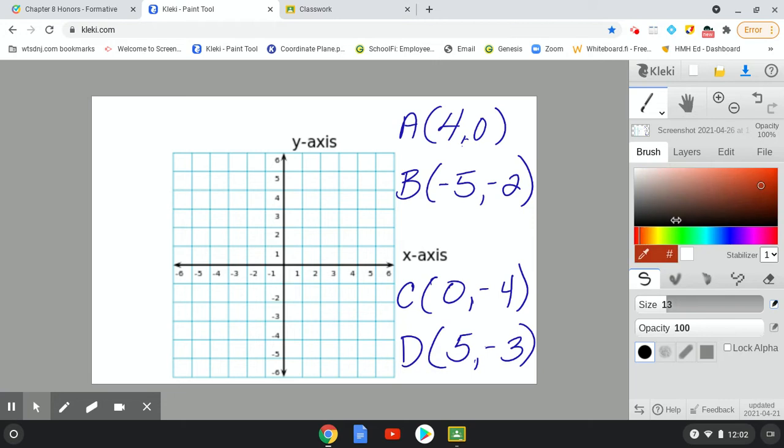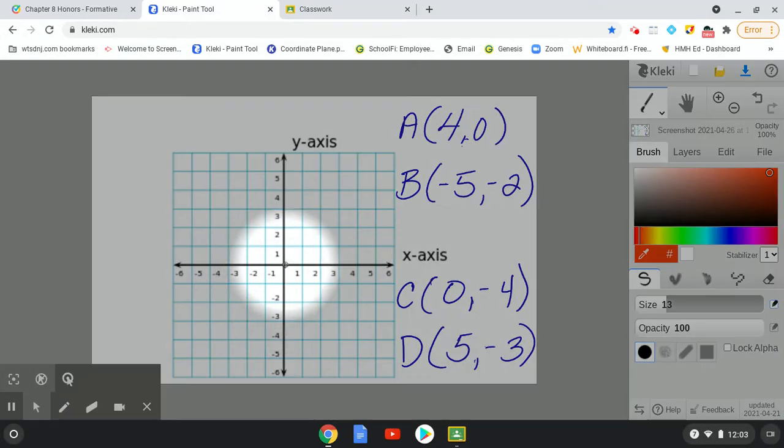So starting with plotting our point A, which is ordered pair or coordinate 4, 0. So I always start at my origin, so I'm starting in the center. So my x-axis tells me to go to +4, so I'm going right to +4, and my y-axis tells me to go to 0.